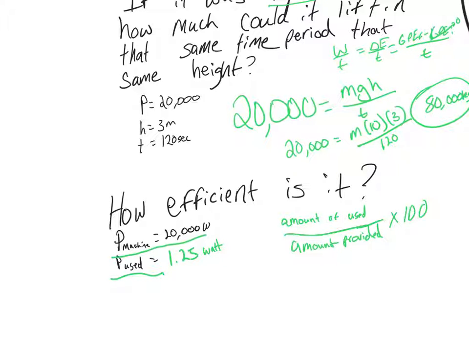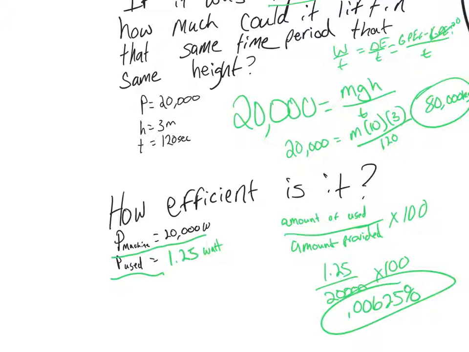So in this case, we're going to be 1.25 divided by 20,000 times 100, and we were 0.00625% efficient, an incredibly low rating.